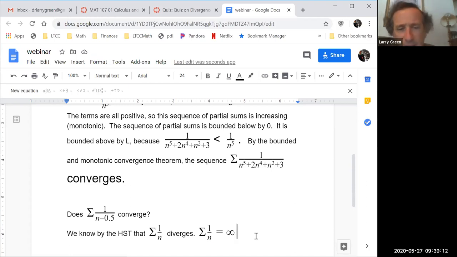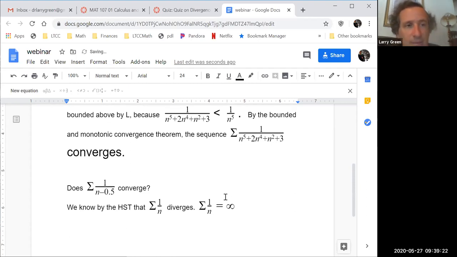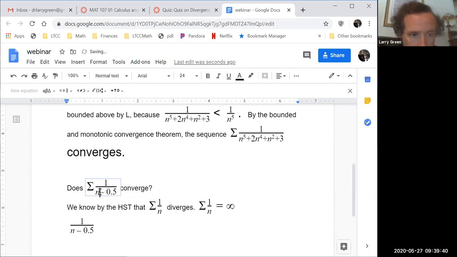All right, well, let's take a look at the summation of 1 over n minus 0.5. What do you notice when you compare 1 over n minus 0.5 and 1 over n? Which is bigger?